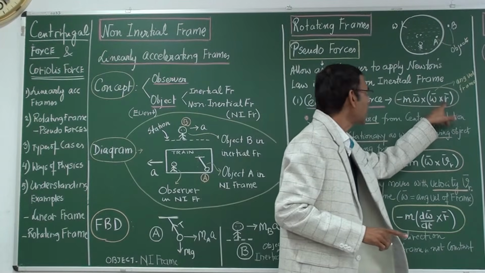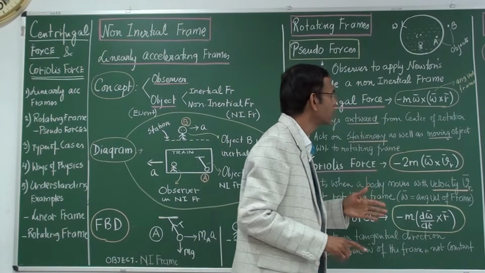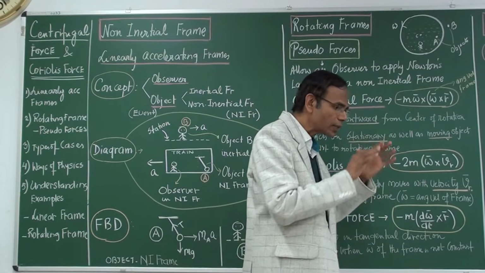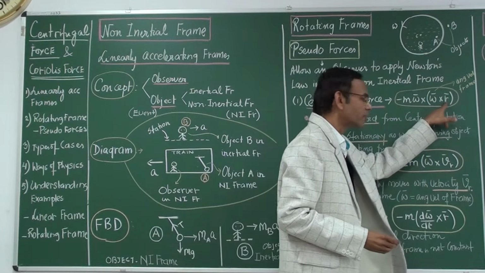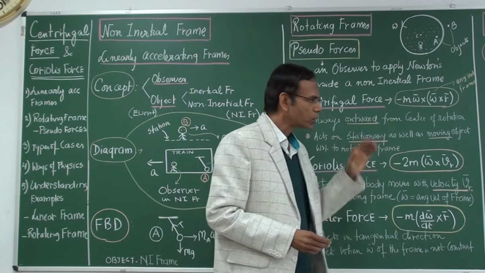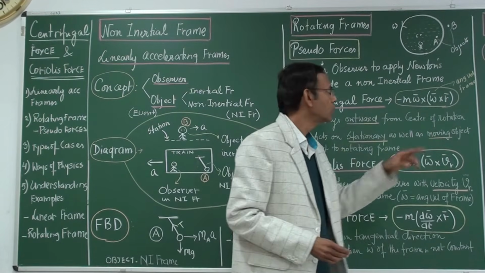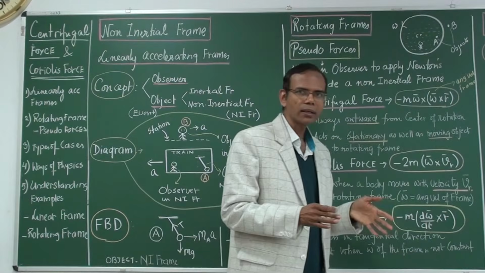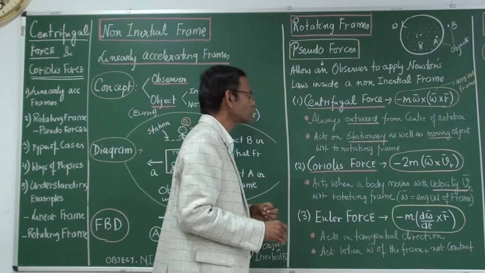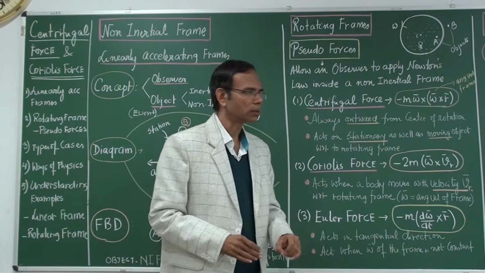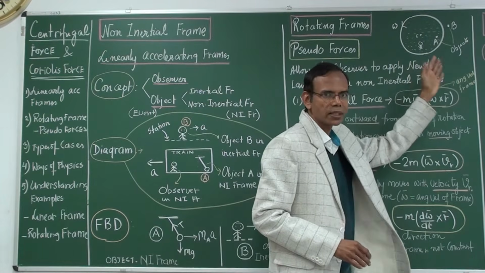Now it is r vector, so basically it is a vectorial distance. Now if it is a three-dimensional object, then this r vector is the vectorial distance from the axis of rotation. Alright? So at that time, r is the distance from the axis of rotation and not from the origin. But for a two-dimensional case, as we see, it is the distance from the center of rotation.